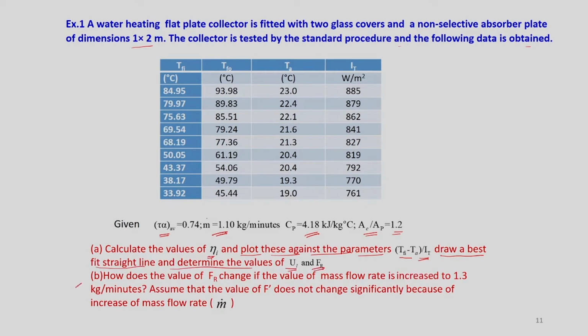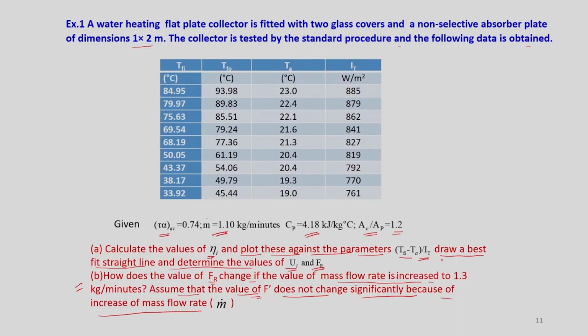Again in the second case, how does the value of Fr change if the value of mass flow rate is increased to 1.3 kg per minute? Assume that the value of F dash does not change significantly because of the increase of mass flow rate. Okay, so let us solve this problem.